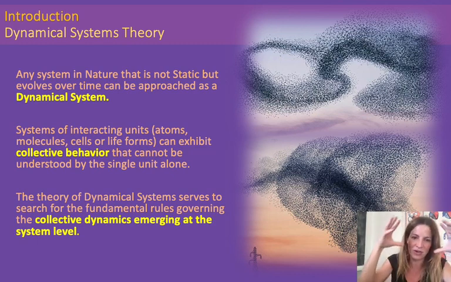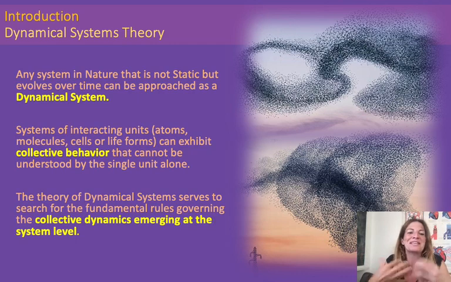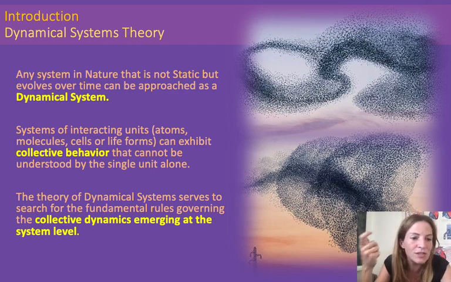So there is a behavior that emerges, so the word emergence is very common in collective phenomena, at the macroscopic scale. So the theory of dynamical systems serves to search for the fundamental rules governing the collective dynamics emerging at the system level.